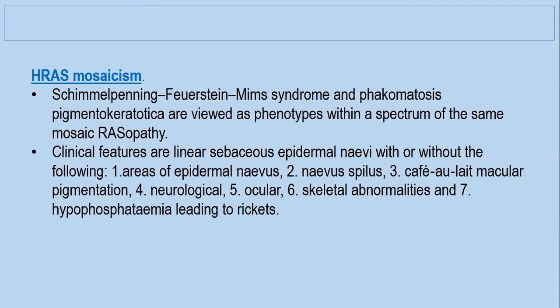The clinical feature of this mosaicism is linear sebaceous epidermal nevi with or without the following. So the main appearance is linear sebaceous epidermal nevi with areas of epidermal nevus or nevus spilus or capillary macular pigmentation, with neurological, ocular, skeletal involvement and hypophosphatemia leading to rickets. This is an endocrine abnormality.